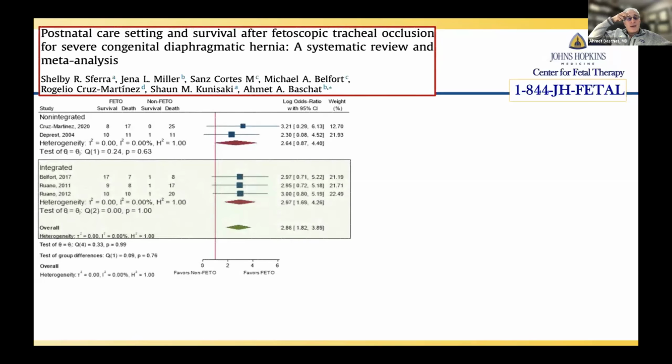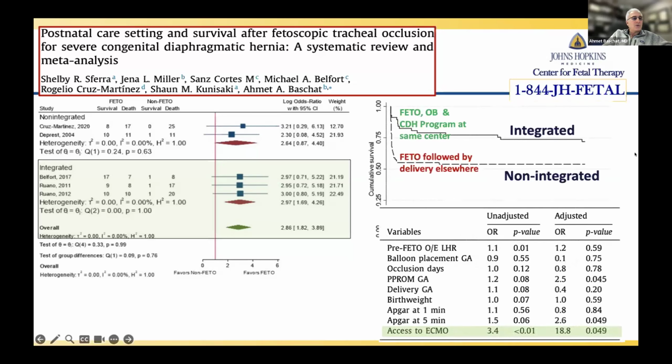One of the important factors that seems to affect survival chances is basically how your program is set up. And here in this meta-analysis, we compared CDH programs where you have a fetal therapy center that works hand in hand with an integrated neonatal program and a pediatric surgical program versus the ones where the fetal therapy is done somewhere else and then they deliver in a CDH program elsewhere.